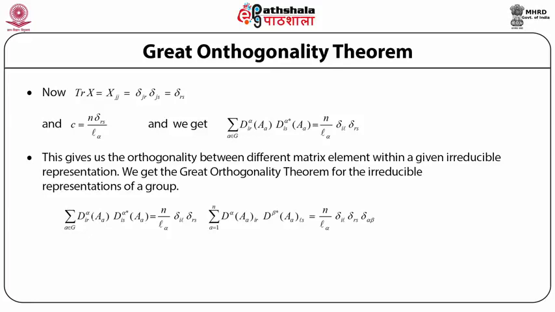sum over all the elements D^alpha_ir(A) D^beta*_ls(A).